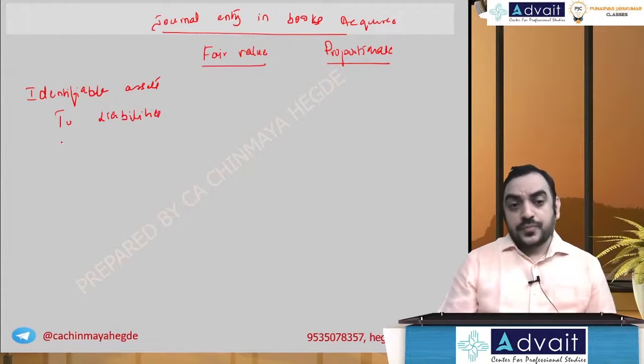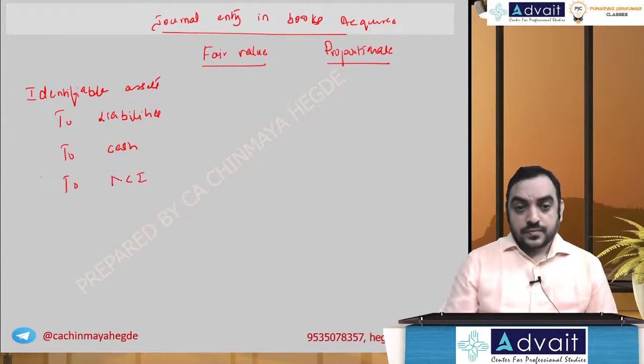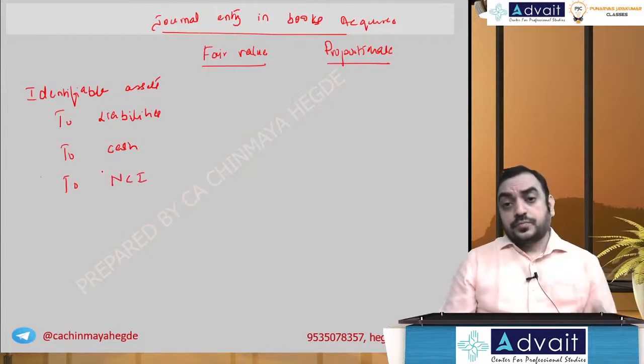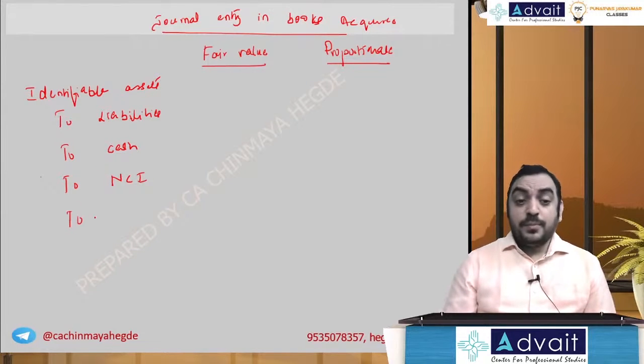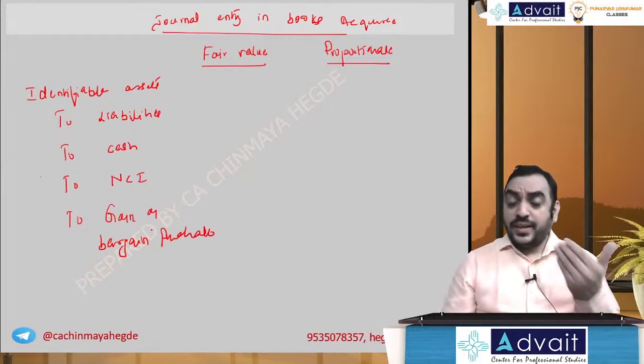What is coming in? What is paid out? To cash. A liability is being created to NCI. And then capital reserve. We don't say capital reserve, we say GBP, gain on bargain purchase. If it was goodwill, that would have been debited.